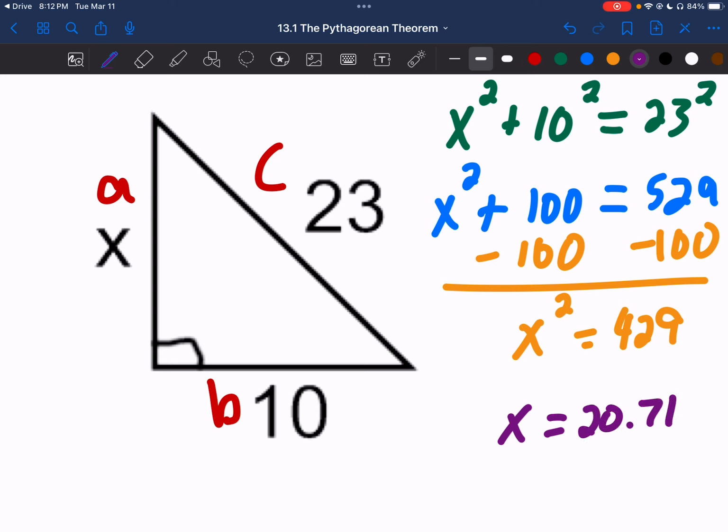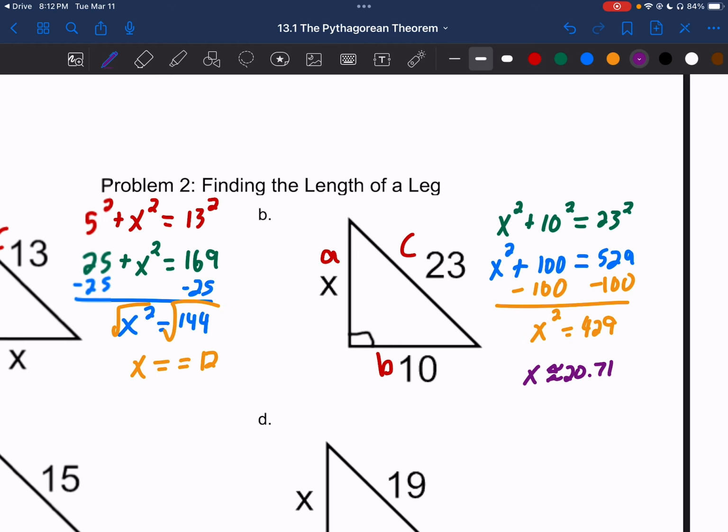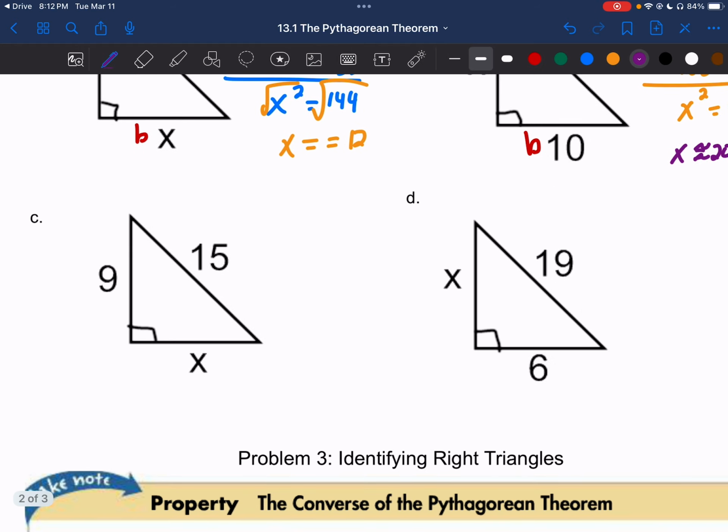Right? The full decimal would be 20.71231518, and keeps going on from there because it's an irrational number. All right. You go ahead and try letters C and D on your own, and then check your work against mine.